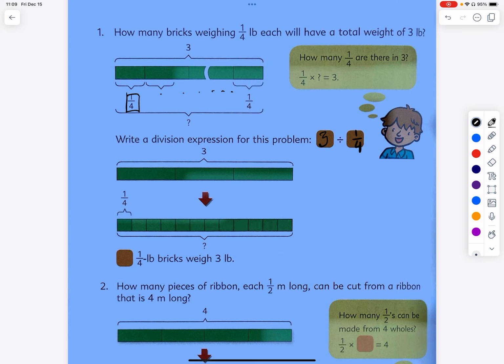Well, we know 1 whole gives us 4 quarters, therefore 3 wholes will give us 12 quarters. However, in the language of math, we would say it is the same as 3 multiplied by a reciprocal, which is 4, giving 12. The reciprocal of 1/4 is 4 over 1, we just don't write the 1.